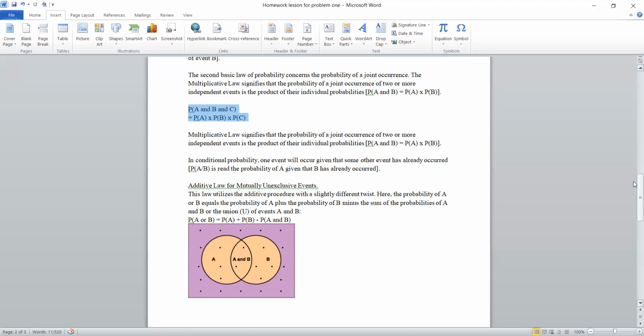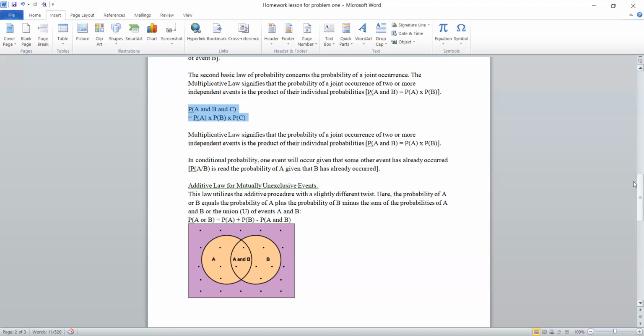Now, in a conditional probability, see, I want you to understand these. You have to be able to understand the situations. In a conditional probability, one event will happen given that something else already happened.